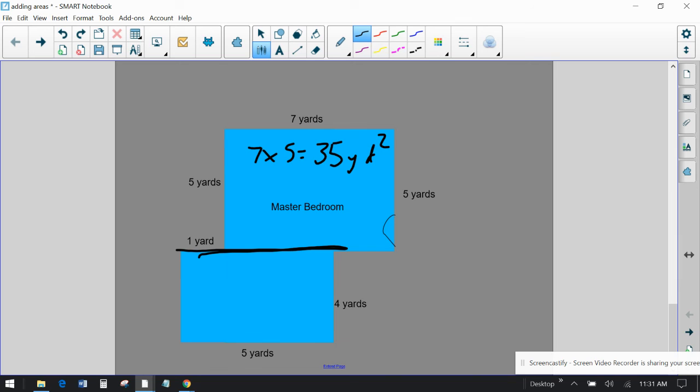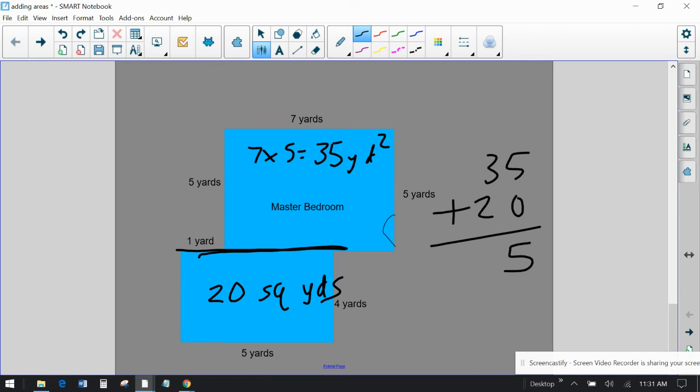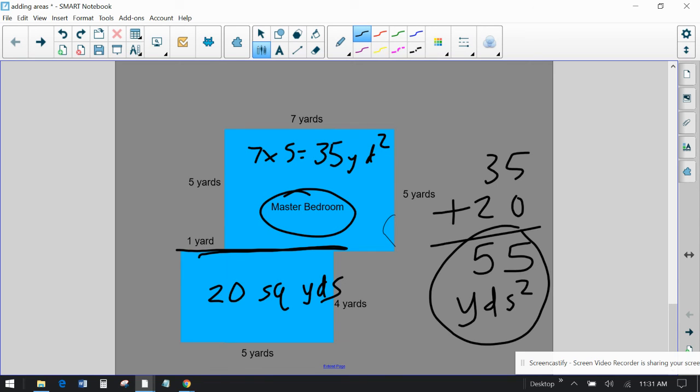So 5 times 4 is 20 square yards. And then you add 35 plus the 20. I didn't even need to write it out because I could have just done it in my head. But 55 square yards. That's the area of that entire bedroom.